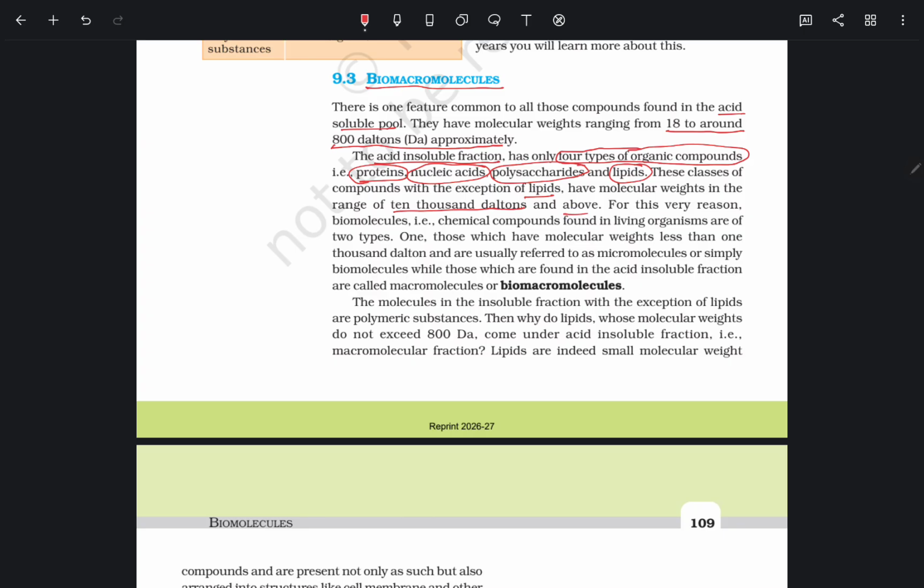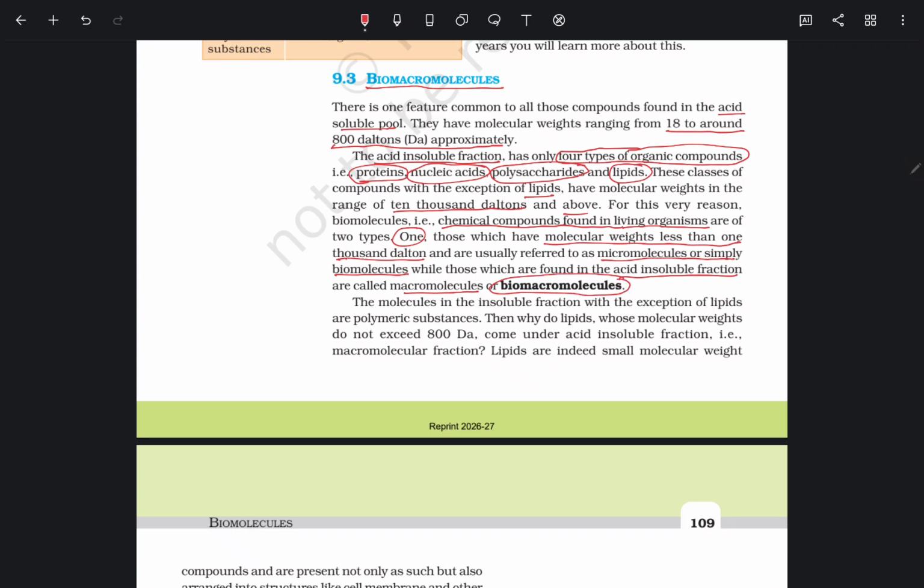For this very reason, biomolecules, chemical compounds found in living organisms, are of two types. One, those which have molecular weight less than 1000 Dalton and are usually referred to as micromolecules or simply biomolecules, while those which are found in the acid insoluble fraction are called macromolecules or biomacromolecules.